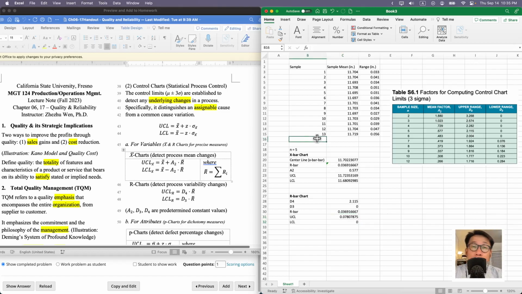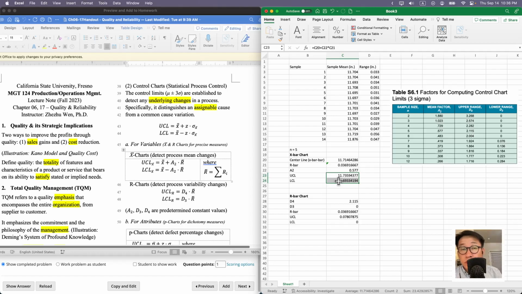But if you got another sample like this, this means your sample average is outside of this bound. That means your process mean has very likely changed.